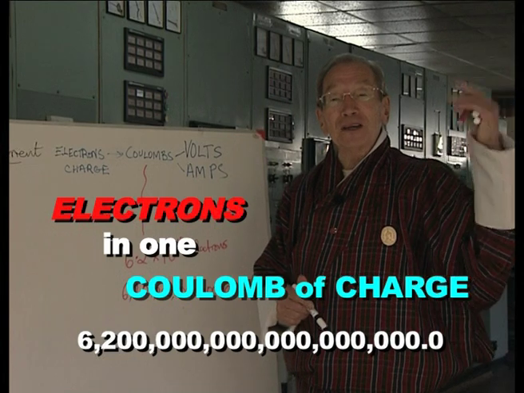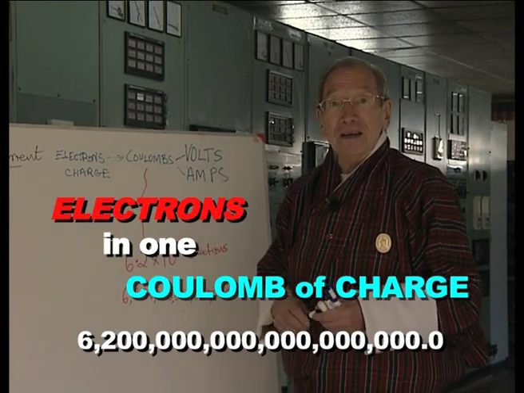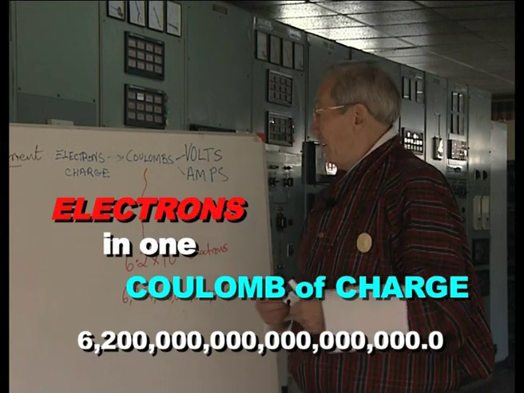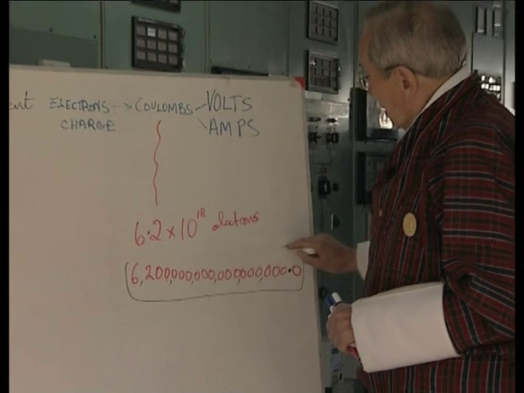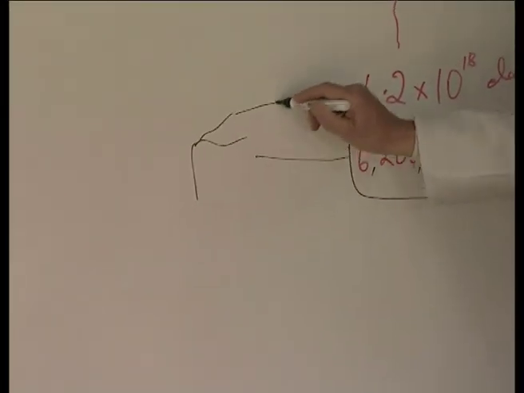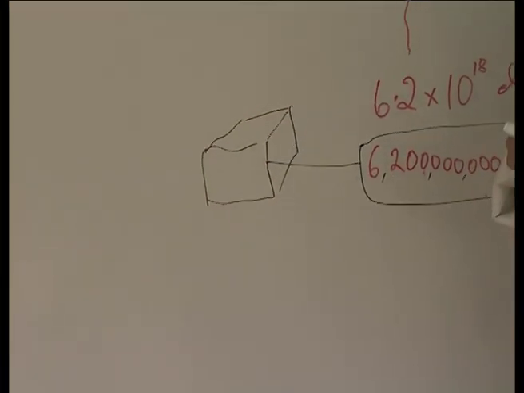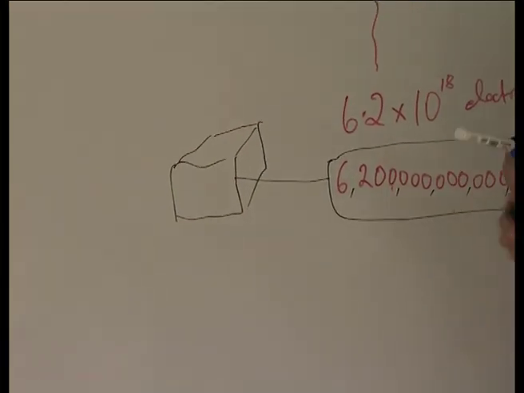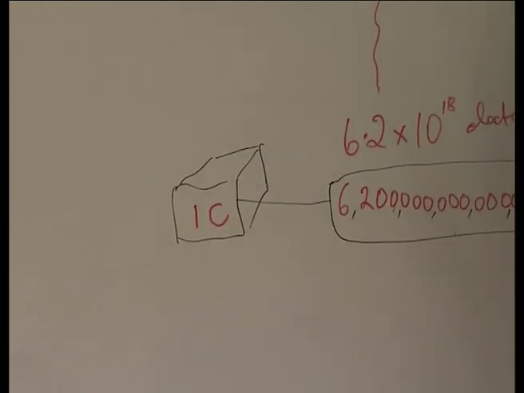Think of all those electrons flowing down the wire. It's a very, very large number. But if I were to take that number of electrons and put them in a little box, then in that box I will have 1 coulomb of electric charge.